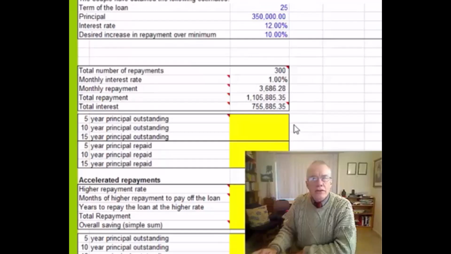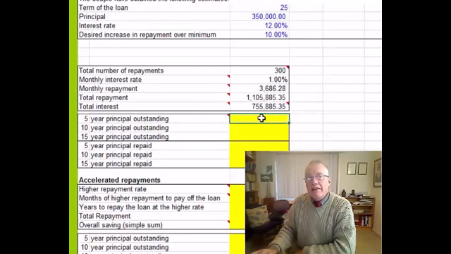However, it's relatively easy to calculate using the standard functions that we've used, but in a slightly non-standard way, if you like. The principal outstanding at the end of 5 years is really the present value of the number of payments still left in the loan. And so if I'm standing at the end of the 5 years, what it means is that on my 25-year loan, I've got 20 years still to go. And so what I can do is work out the present value.